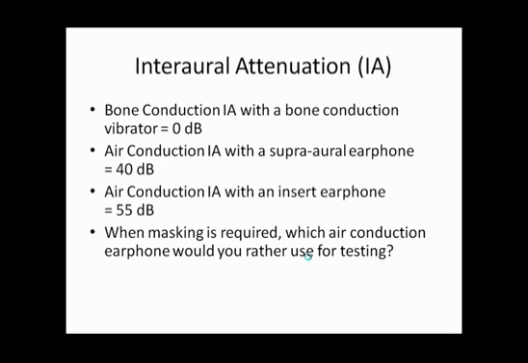Would you rather use a supraaural earphone with an interaural attenuation of 40 or one with 55 interaural attenuation? And the answer is the insert phone. With 55 dB of attenuation, that means that there's less of a chance that the non-test ear will hear the sound. And then that reduces the need or the requirement for masking, which reduces our overall test time.